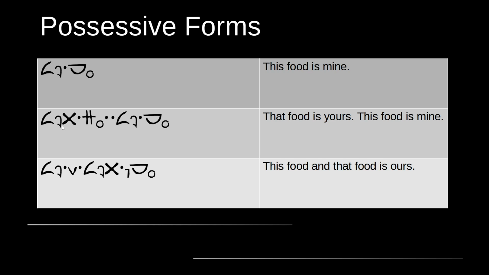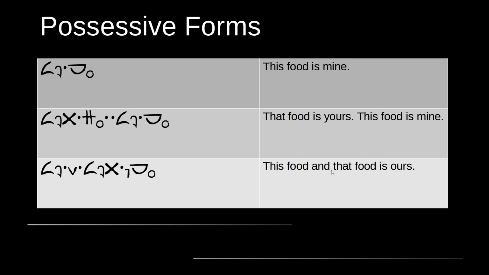So och means that. So toch means that food. So we're expressing that food as one word, because when we're talking about that food, we're talking about one thing. So anytime what you're expressing is just one object, one concept, you can combine it into one word. So Kawthi often does this, where other languages don't, because it's very easy to do it in a lot of cases in Kawthi.